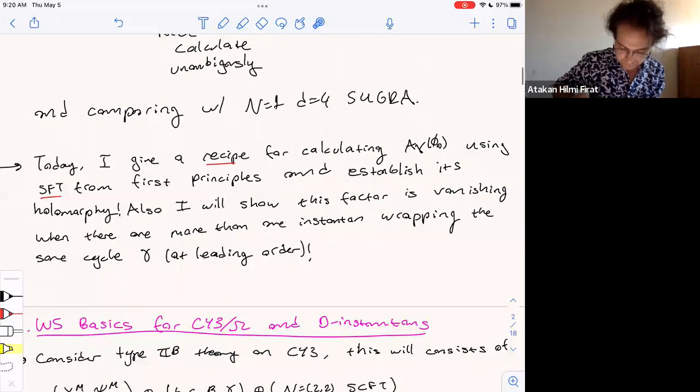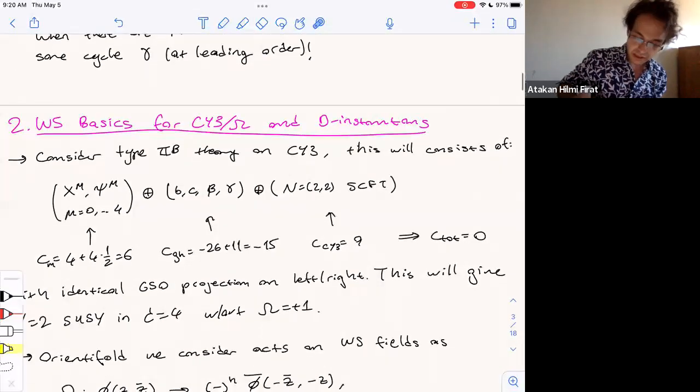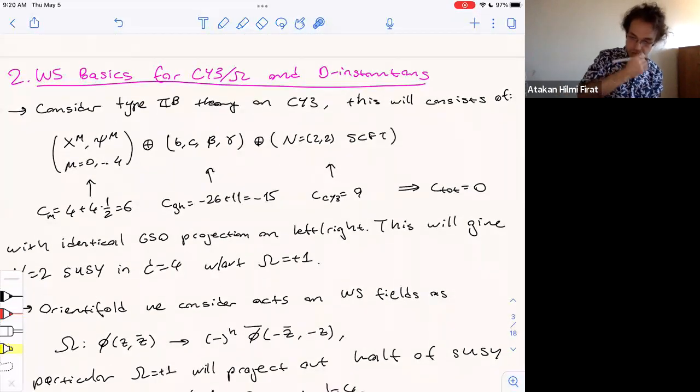Okay, so let me start with some worldsheet basics for this situation. We are taking type 2B theory because it's easier to deal with, because of the identical GSO. This will consist of three parts. We have the usual part describing the non-compact directions, which is X^mu and psi^mu.